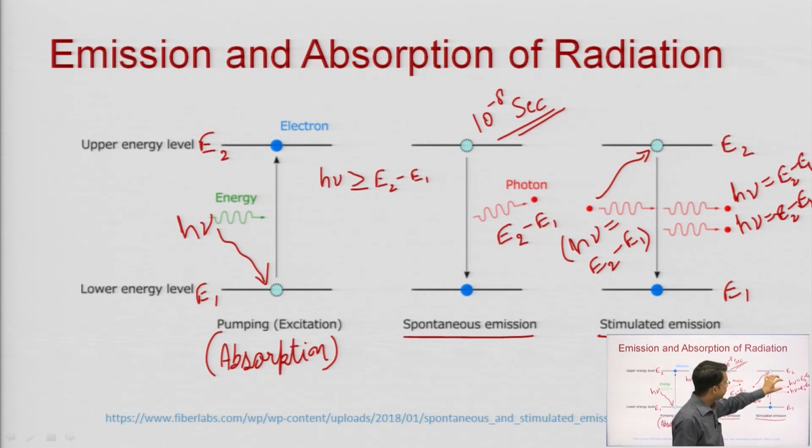Now, what will happen if these 2 photons find 2 more electrons in excited state? Then they will perform the same action of stimulated emission and we get 4 photons of energy h nu. From 4 we get 8, 16, 32, and in this way these photons of energy h nu will get multiplied, will get amplified.